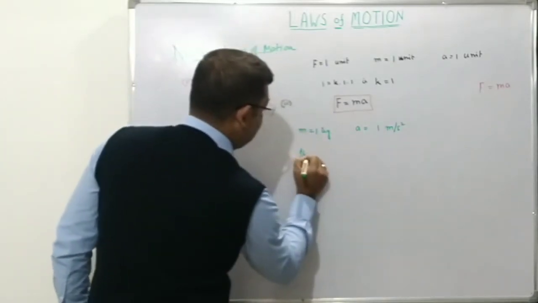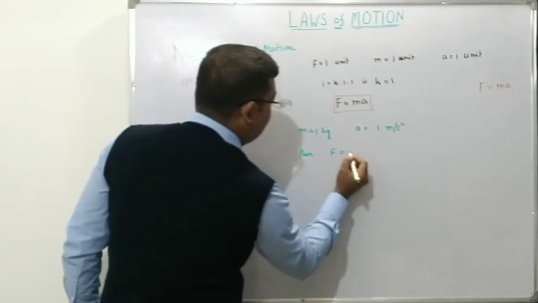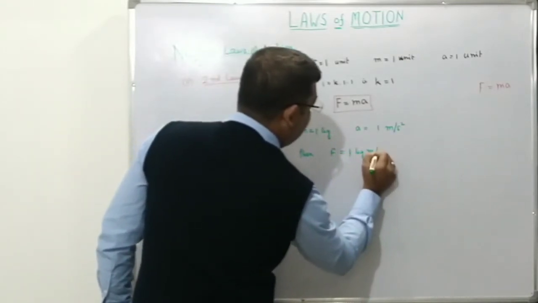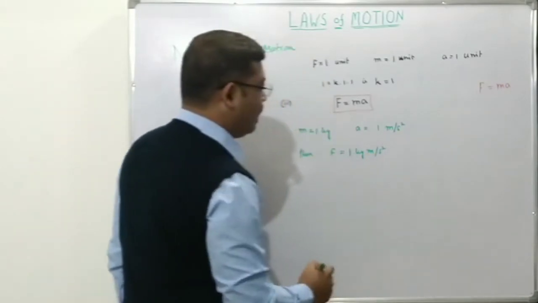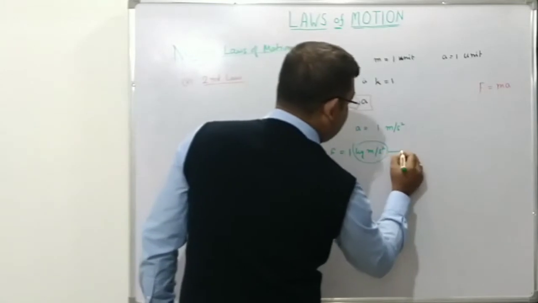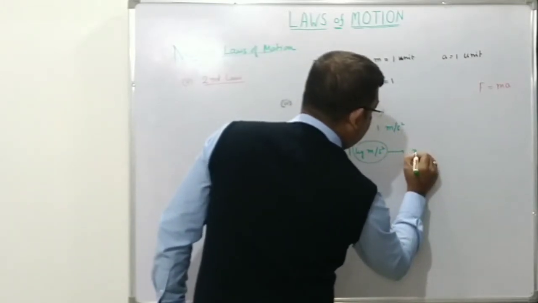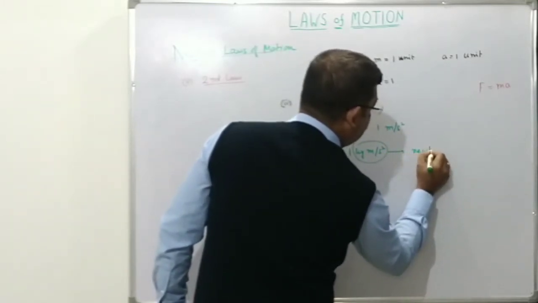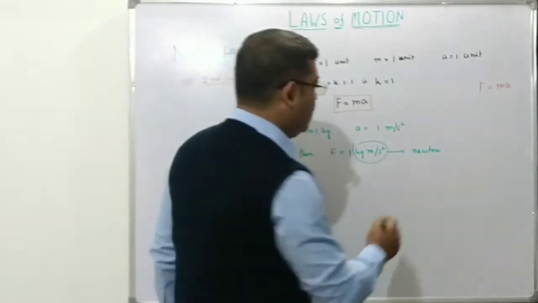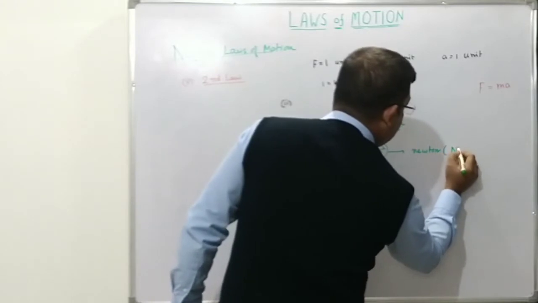Then F will be equal to 1 kg meter per second square. This term kg meter per second square is given the name Newton in the honor of Sir Isaac Newton, and it's also abbreviated as N.